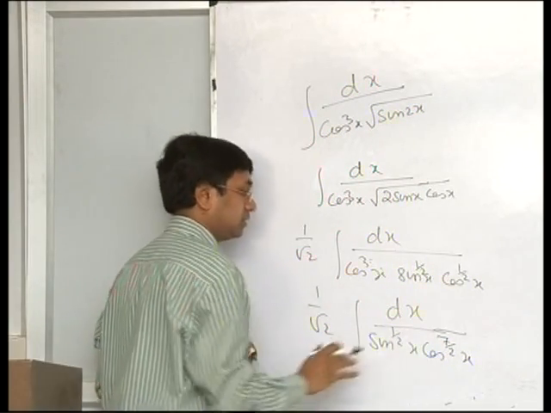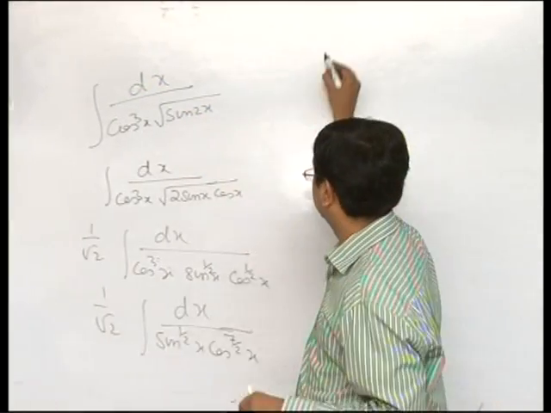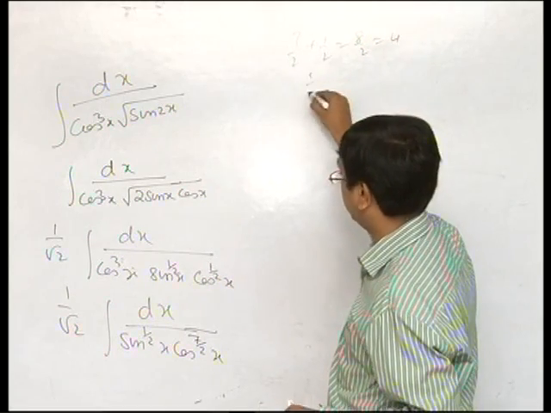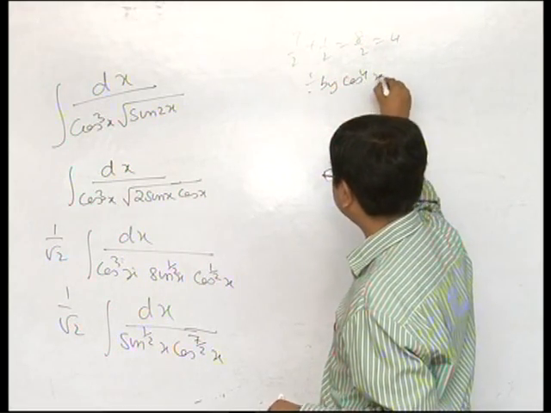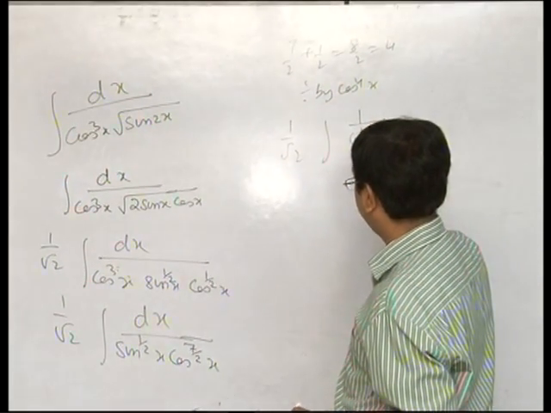So 6 plus 1, 7 by 2. Now you see this problem is again of the same form. 7 by 2 plus 1 by 2, that is 8 by 2, that is 4. So you will divide by cos to the power 4x. And what you would get? 1 upon cos to the power 4x.